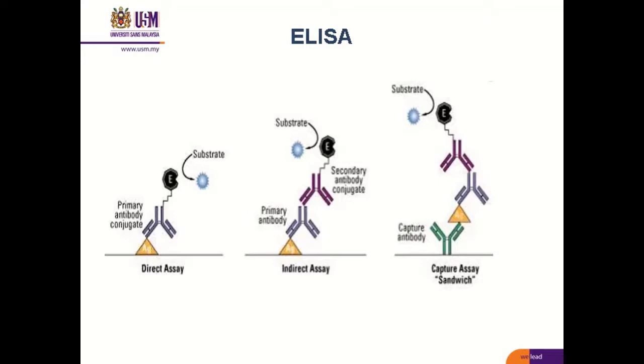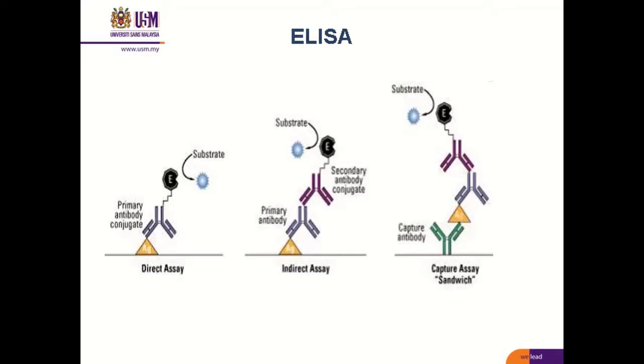In the indirect assay, the antigen binds the primary antibody, and the secondary antibody binds to the primary antibody, and the enzyme cleaves the substrate to produce the color.